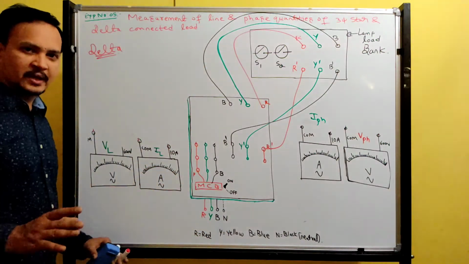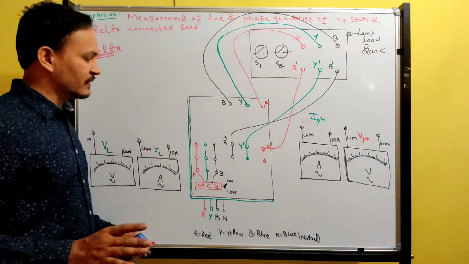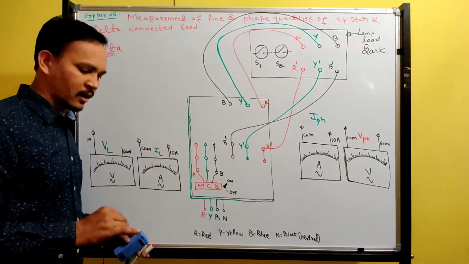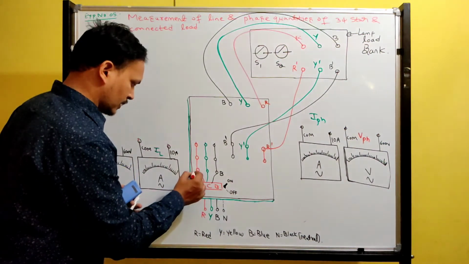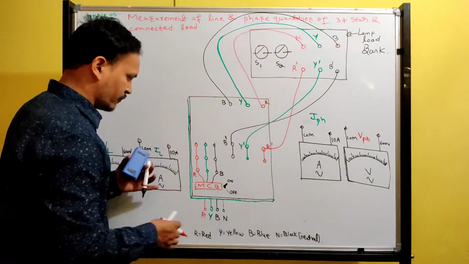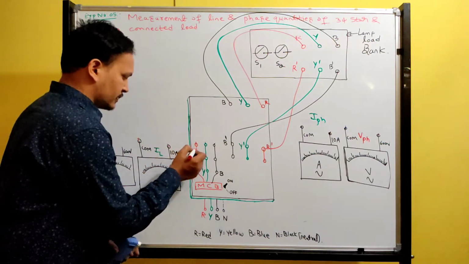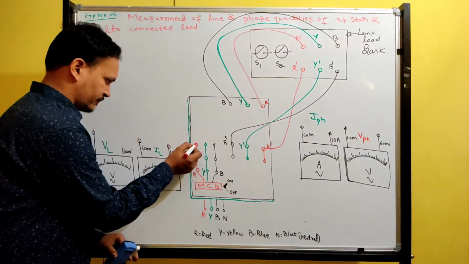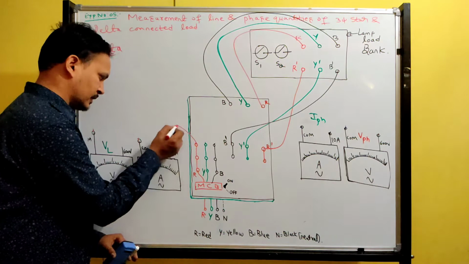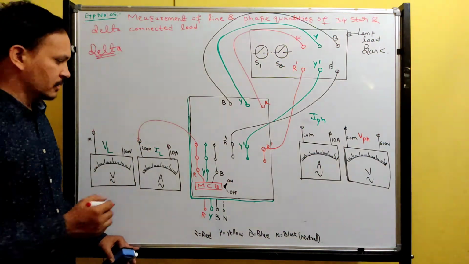Next, start connecting the ammeters. In which line did we connect the ammeter? In the R line. So this is the R line, the Y line and the B line. Now the starting of the R line is connected to the ammeter common.